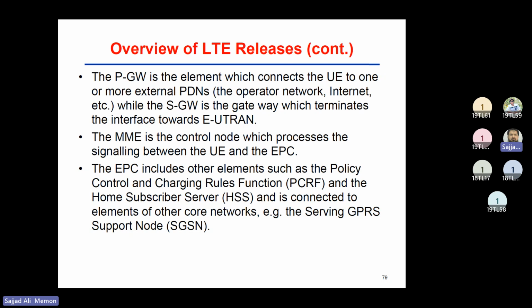The EPC includes other elements such as the policy control and charging rules function, PCRF, and the home subscriber server. So PCRF is similar to the IN that we had in GSM, and this HSS is similar to the HLR that we had in GSM, and is connected to the elements of other core networks, for example, SGSN, that is serving GPRS support node.